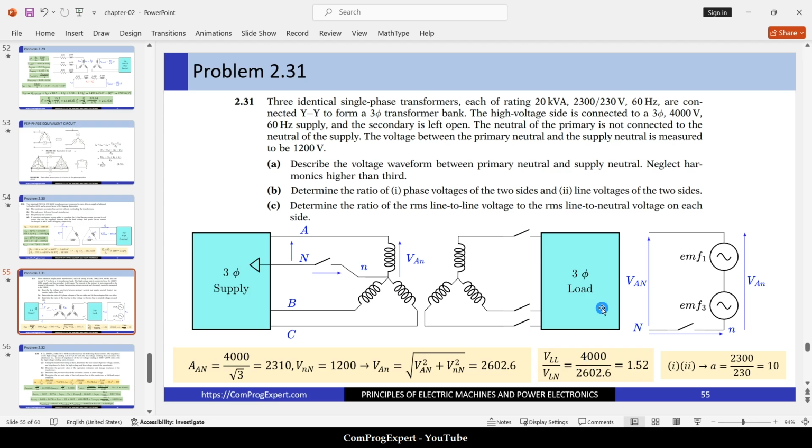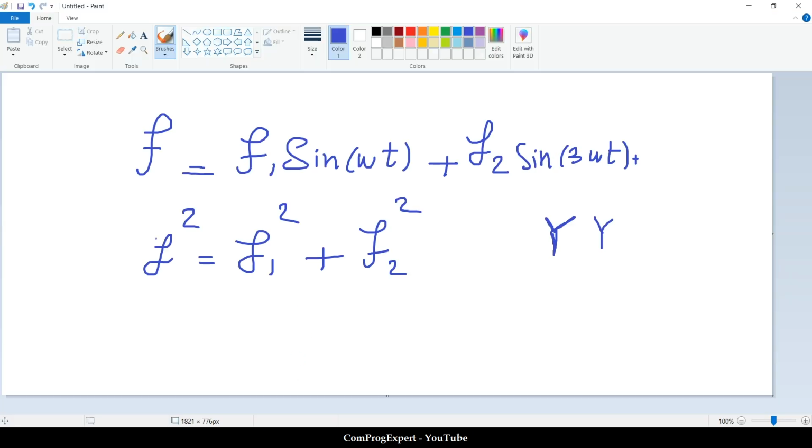The line-to-line voltage is 4000 volts. The line to neutral point voltage is this one we calculated. The ratio is 1.52. In the case of a pure sinusoidal, balanced three-phase system, you know that the voltage of the line is the square root of 3 times the voltage of the phase.